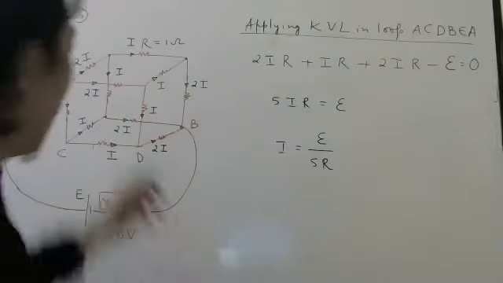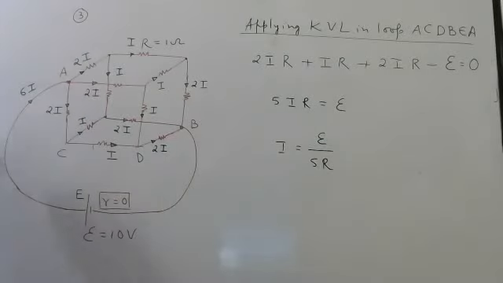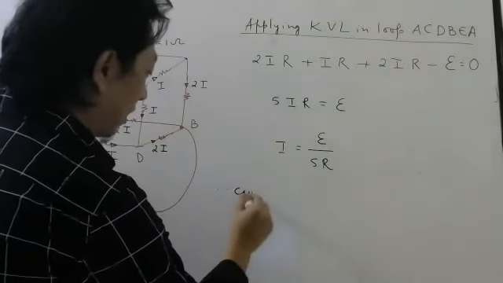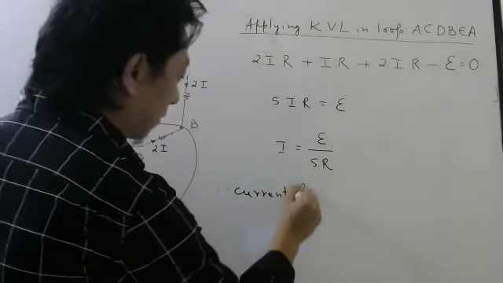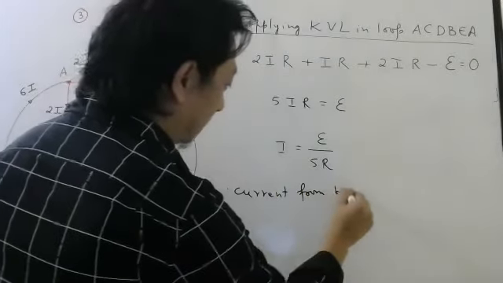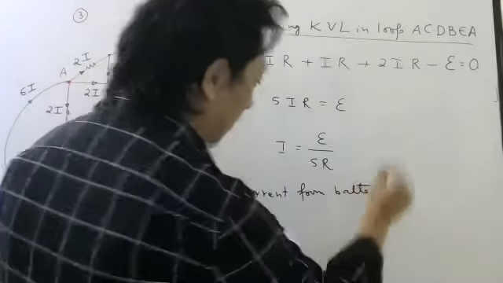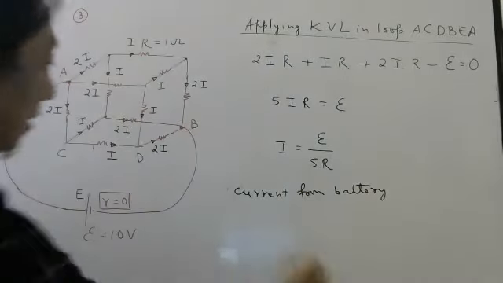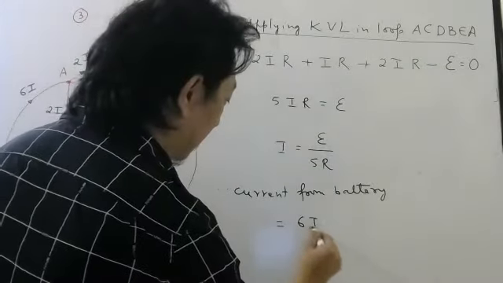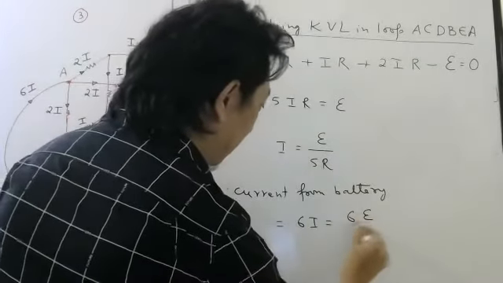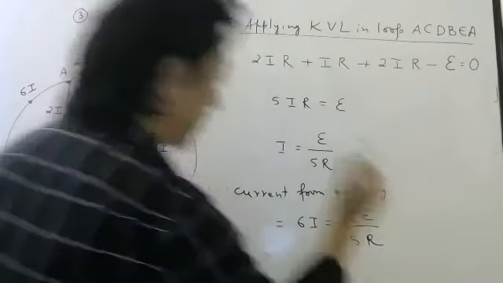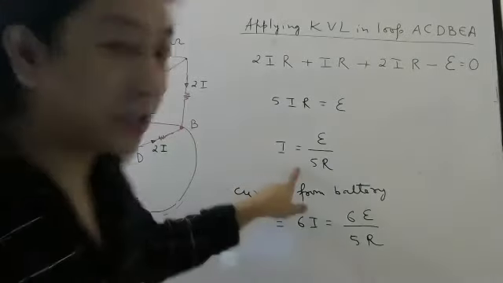But students, I don't want I. I want the current coming from the battery. So current from the battery is 6I. It will be 6 EMF by 5R. Be careful, don't think this is the answer.